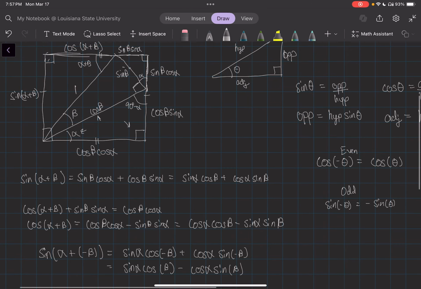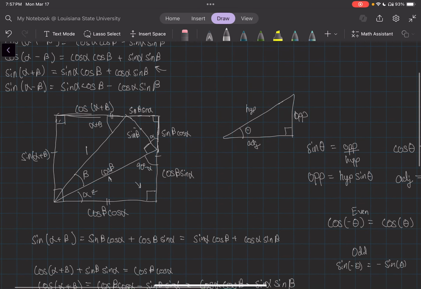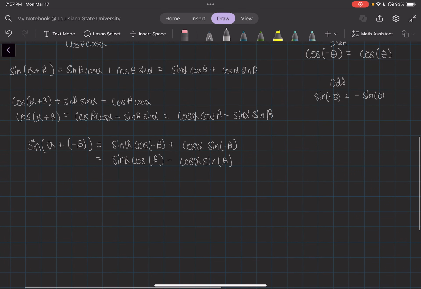And as you could see from the difference, we have the same result. And we could just rewrite this as alpha minus beta.